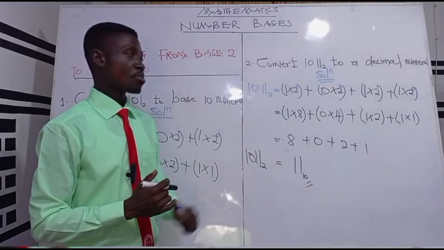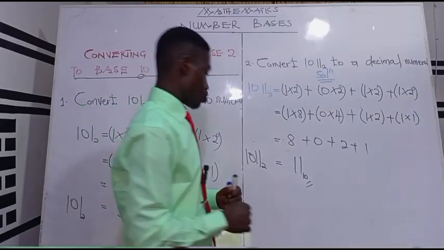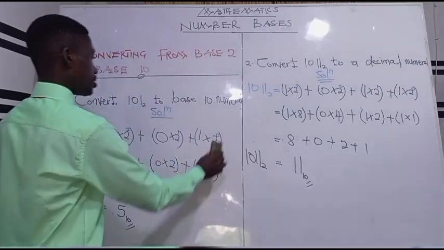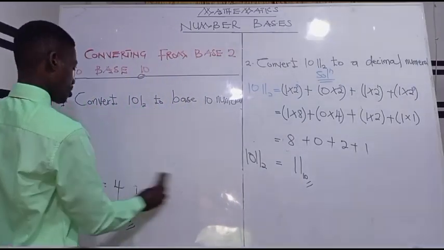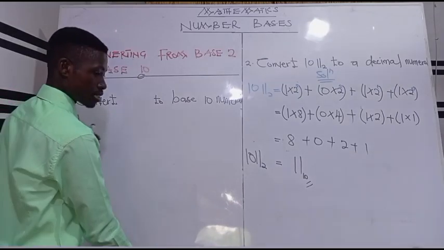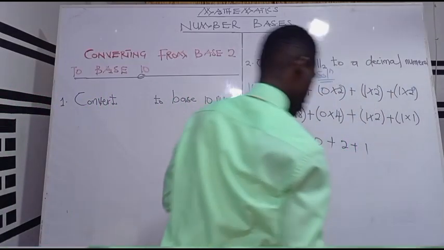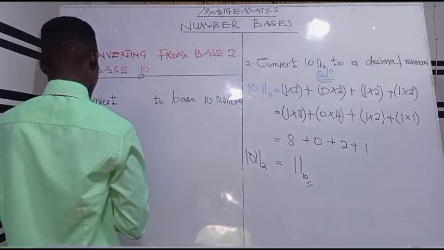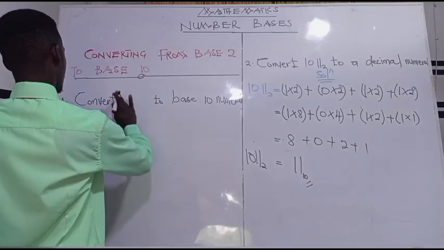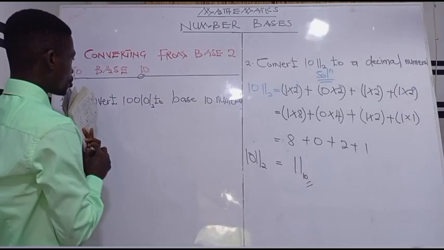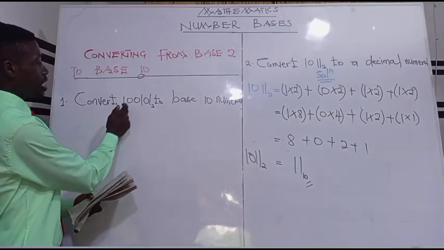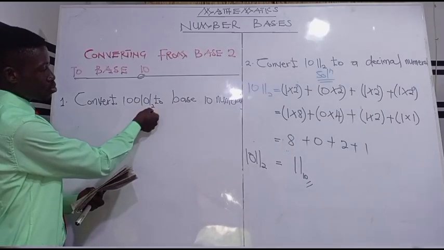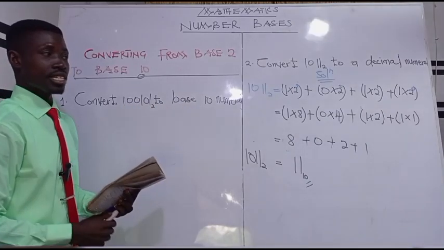We take the last example on base 2 numbers. Try your hands on it. So this is your try work. Convert 100101 base 2 to a base 10 numeral.